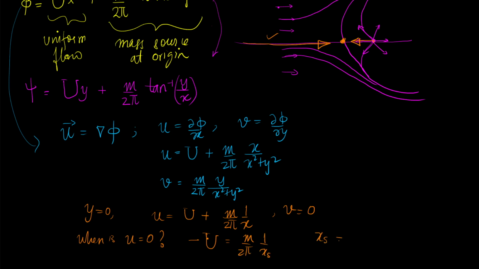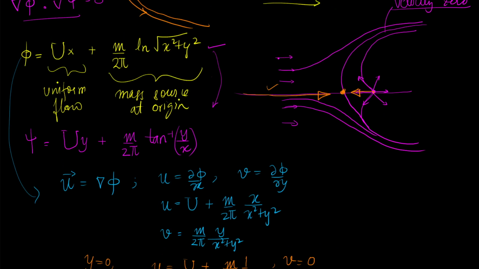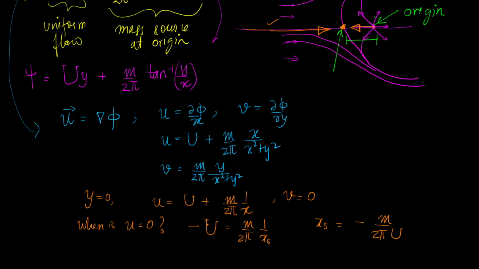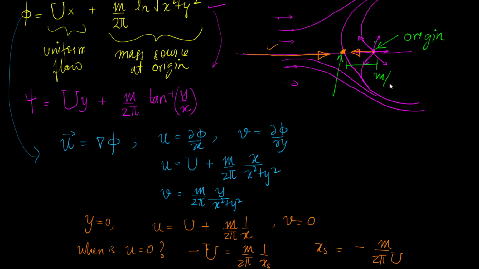So x stagnation is equal to minus m upon 2 pi capital U. Well, something that I said was not entirely correct. We found out that if this is the origin, then at a distance equal to m upon 2 pi U, you have the point where we have a stagnation point. So this is a stagnation point.